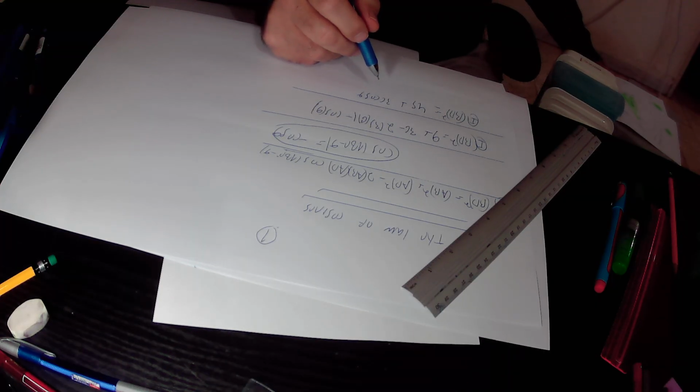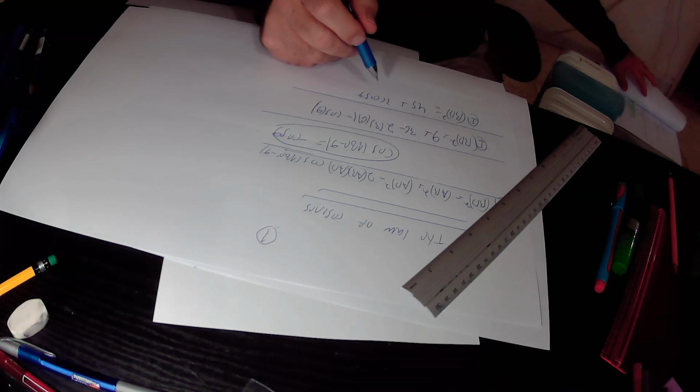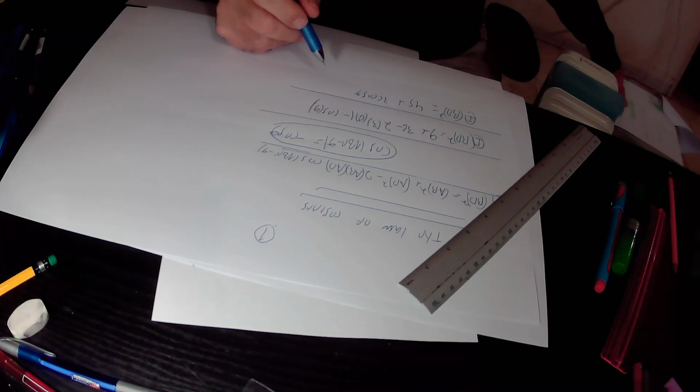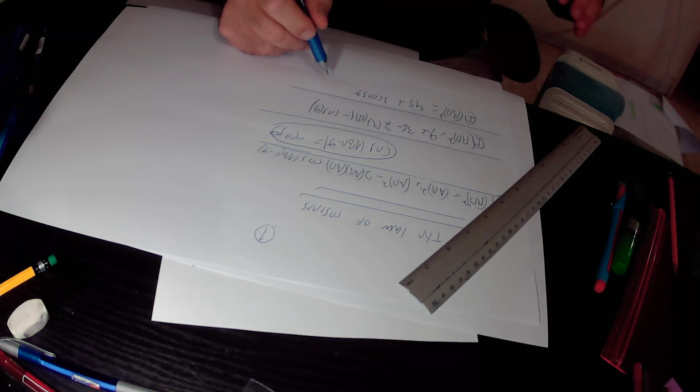So in total, according to equation 1, BD squared equals 45 plus 36 cosine alpha.